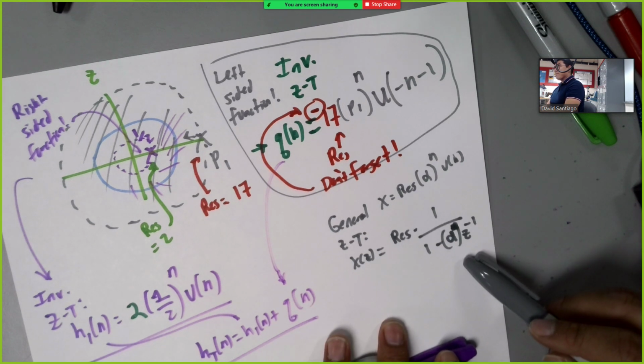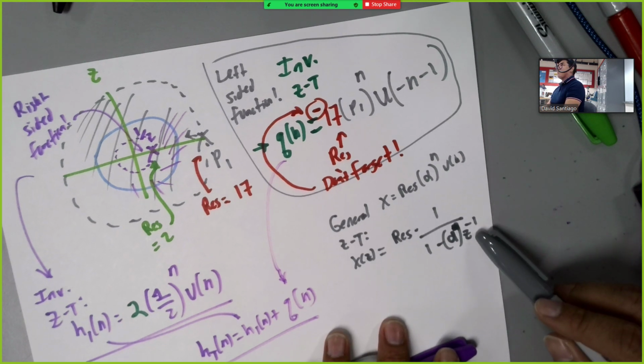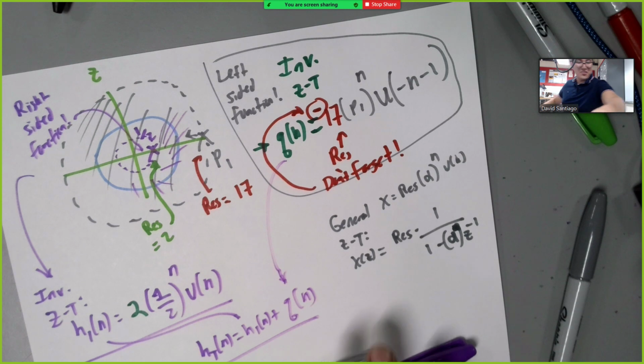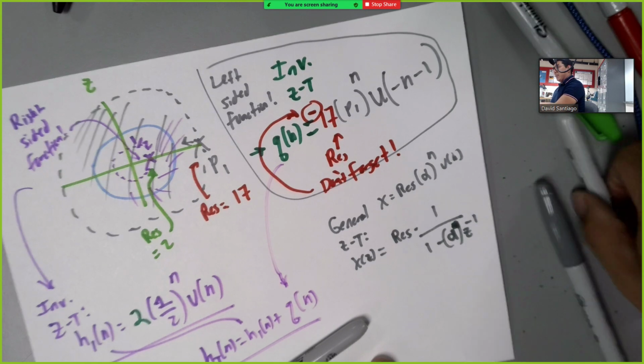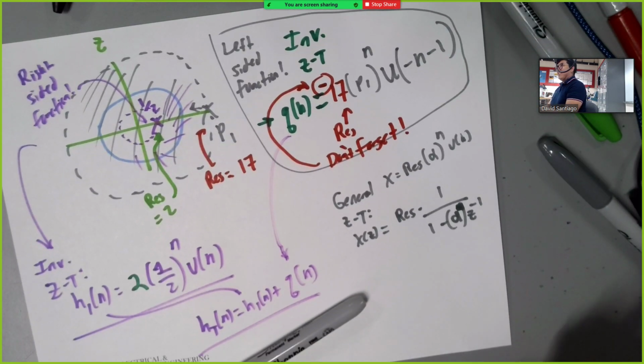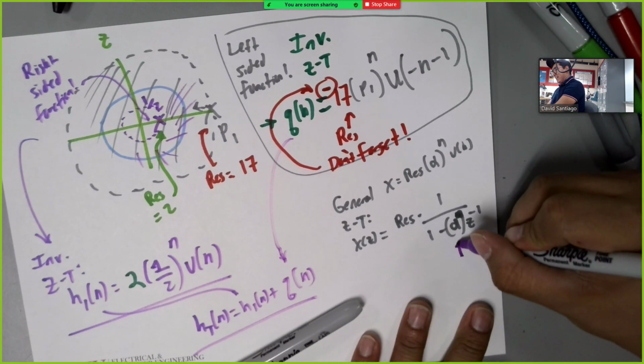Let me just verify with my little notes that we did it right. Yes, there you go. What I'm going to tell everyone is you're going to have to memorize the following pattern. You see this alpha right there?